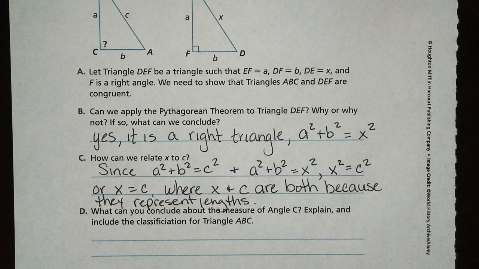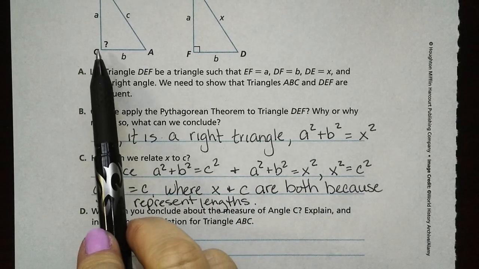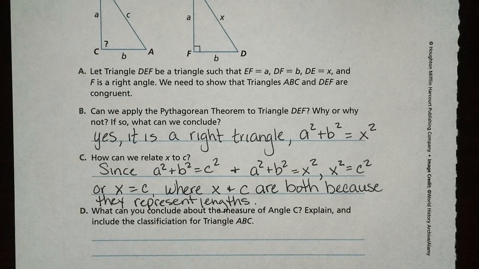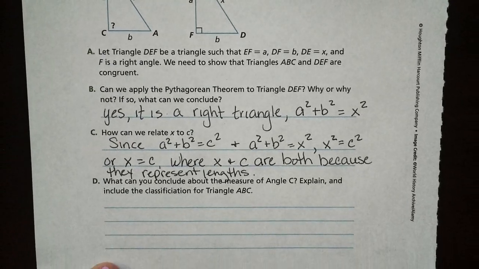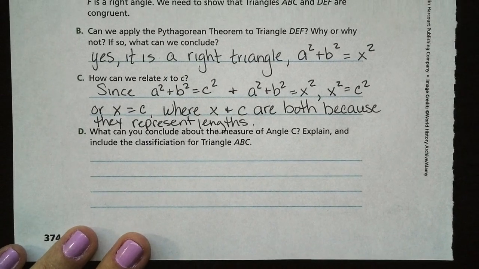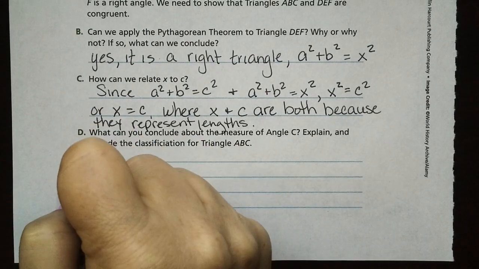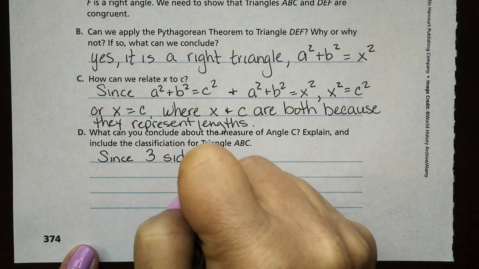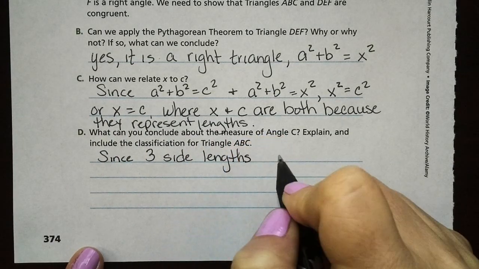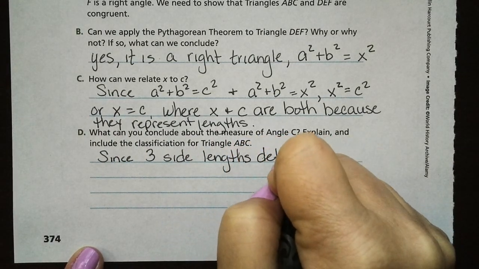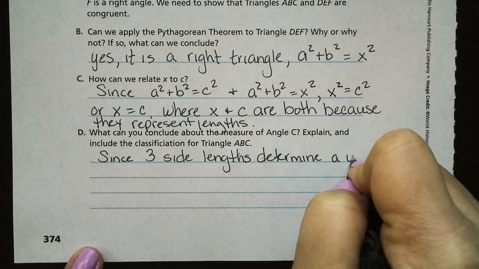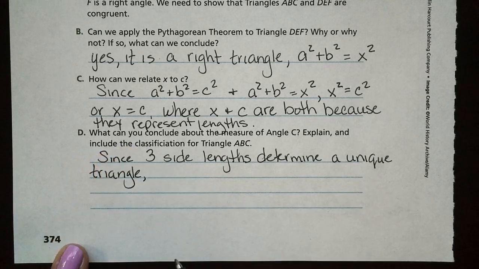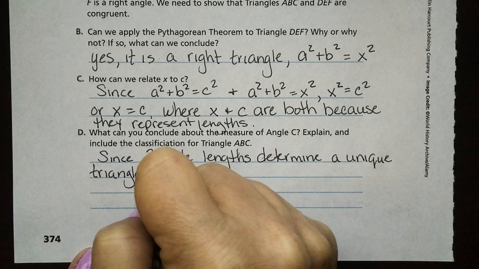So what can we conclude about the measure of angle C? Explain and include the classification for triangle ABC. So what we can conclude is since three side lengths determine a unique triangle, the triangles are congruent.